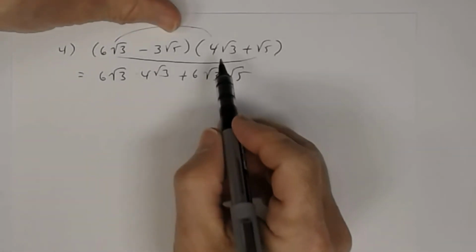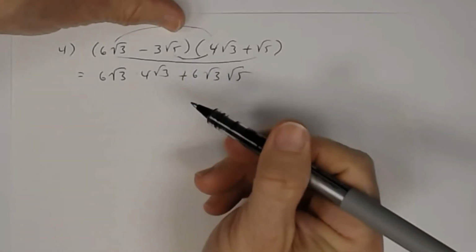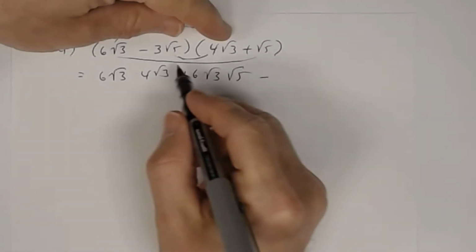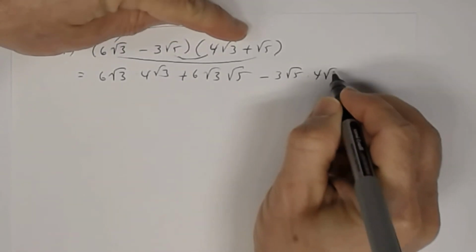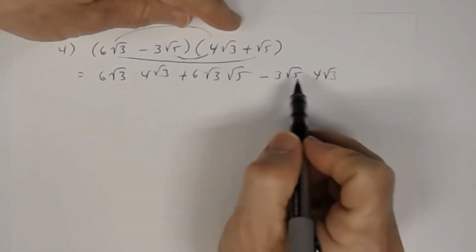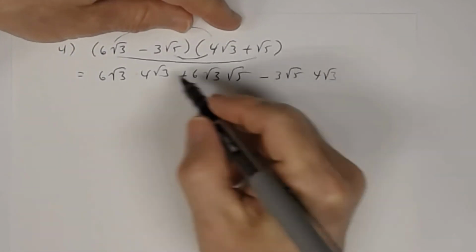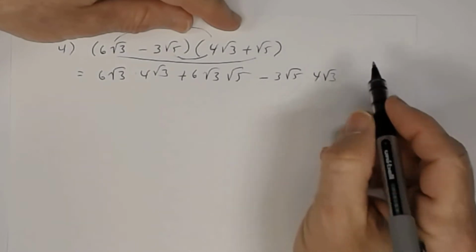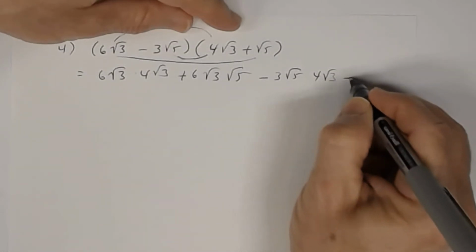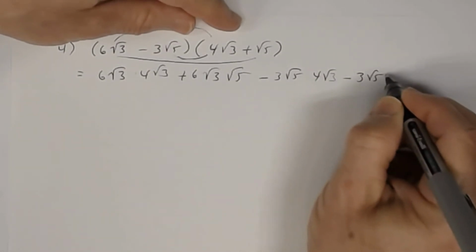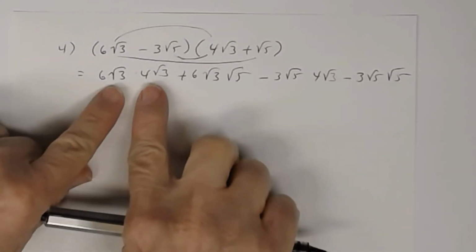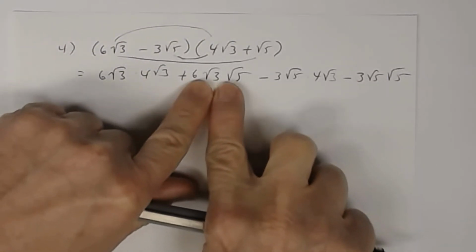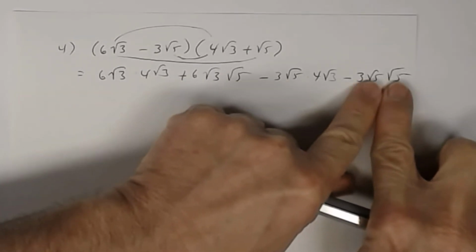The inner is minus 3 square root of 5 times 4 square root of 3. And then the last, a negative times a positive is a negative, so I get minus 3 square root of 5 times the square root of 5. So first, outer, inner, last.